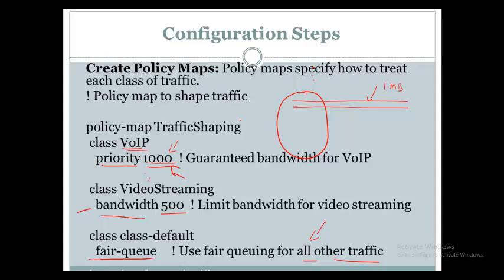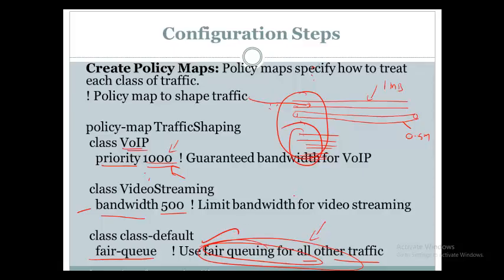So you see the fair queue is nothing but dynamic queues. They're automatically created depending on the flow. But you don't give any bandwidth or any priority for that. They are automatically created and then they will be flowing. Once the session is over, the tunnels will get broken. But you have a fixed tunnel of 1 MB for voice and a half MB for this video, a reservation. For others, you don't have a reservation.